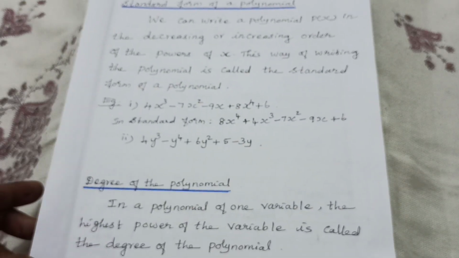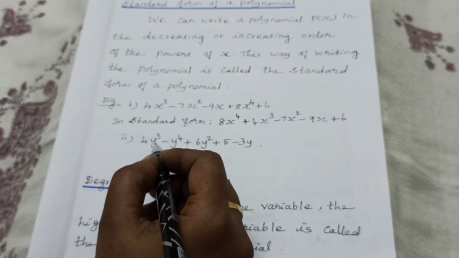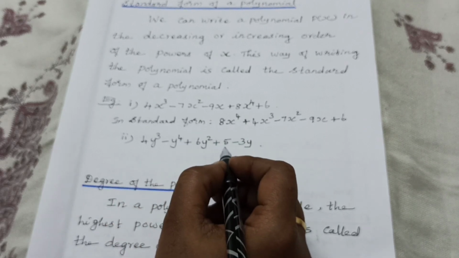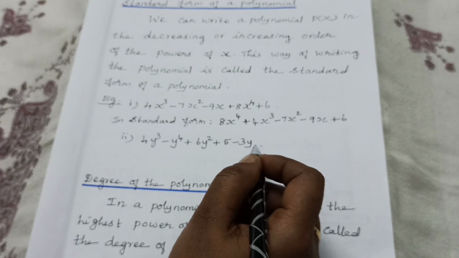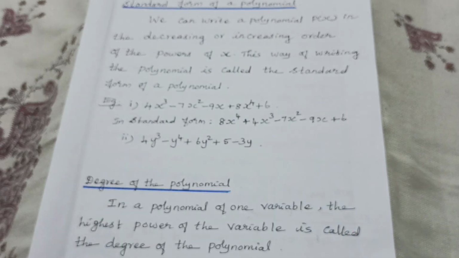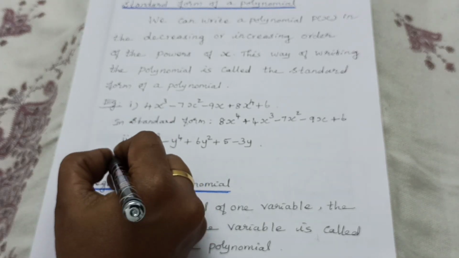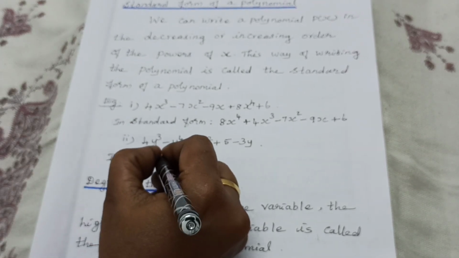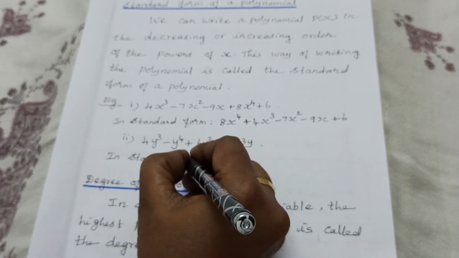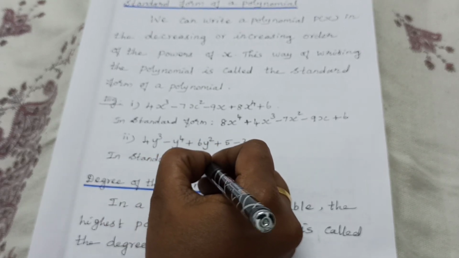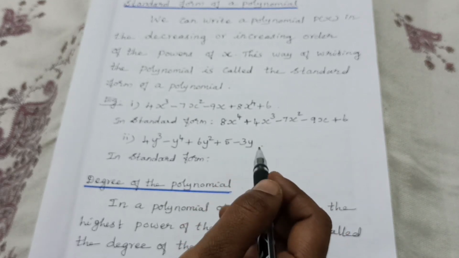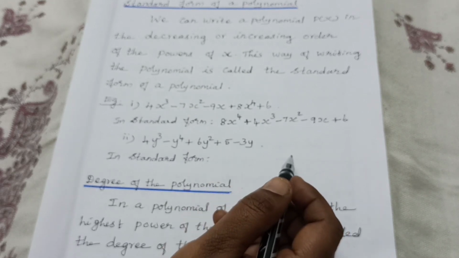Okay, second one: 4y cube minus y power 4 plus 6y square plus 5 minus 3y. How can we write this in standard form? Then increasing order of the power, or ascending power.